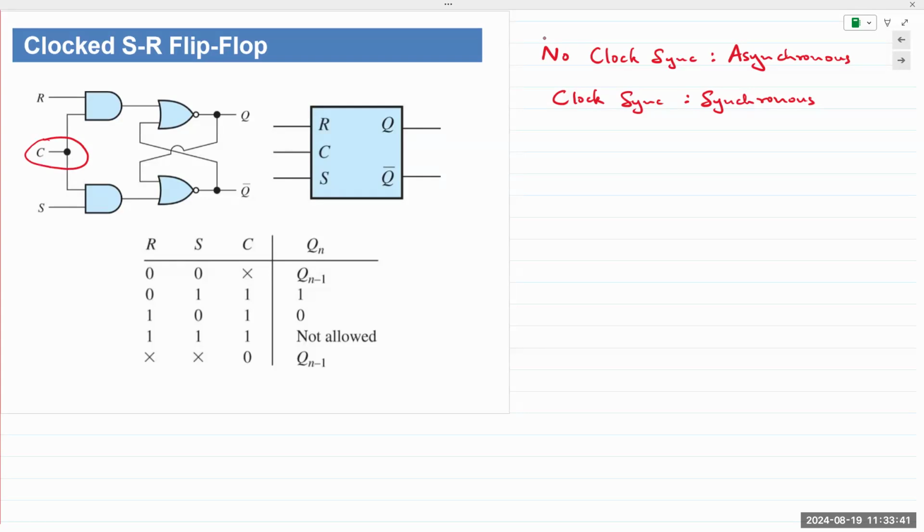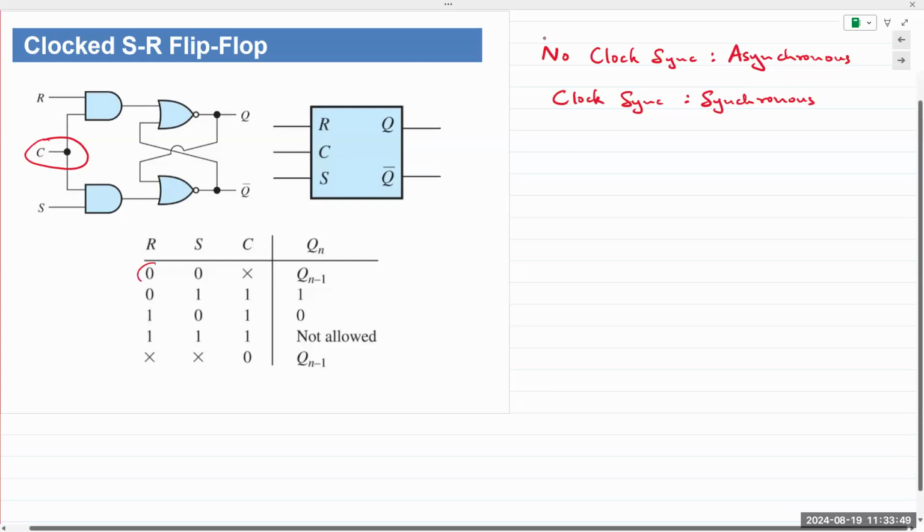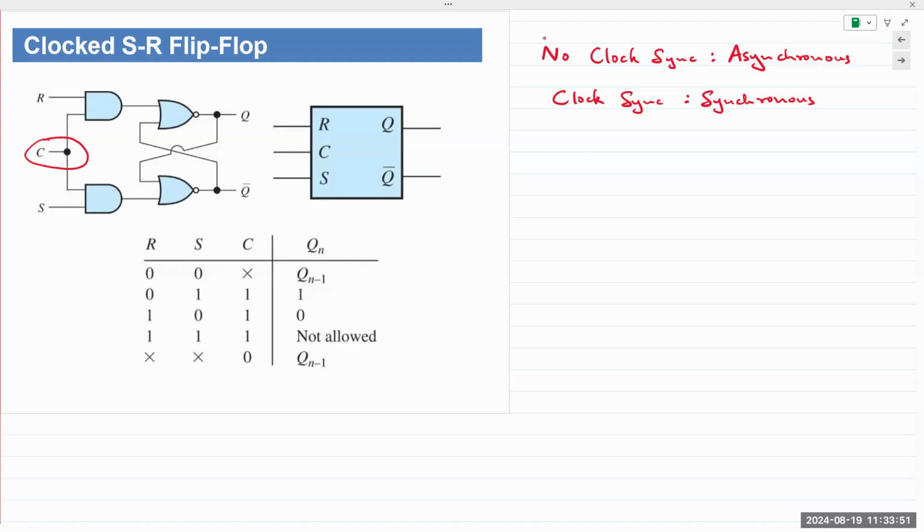The truth table for this is given by this table right here. First of all, the 0 and 1 for the clock means it is the same kind of square wave, rectangular pulse. So we say it's either 0 or 1. We can consider it to be like a third input to the system.